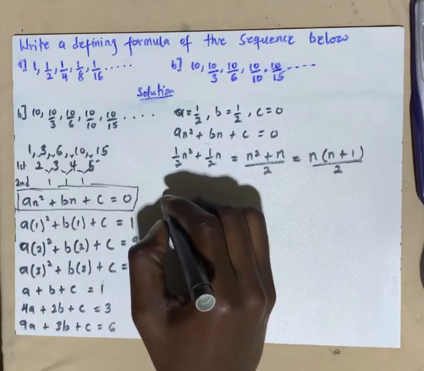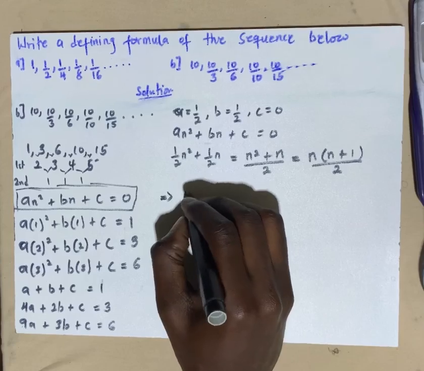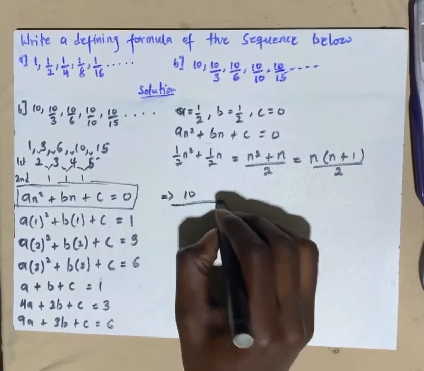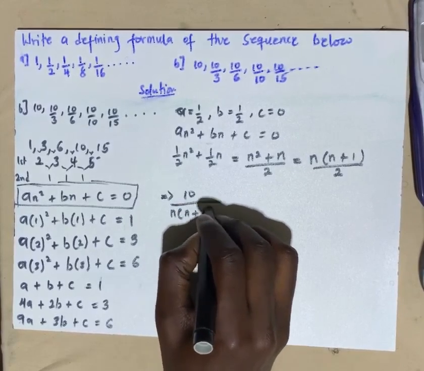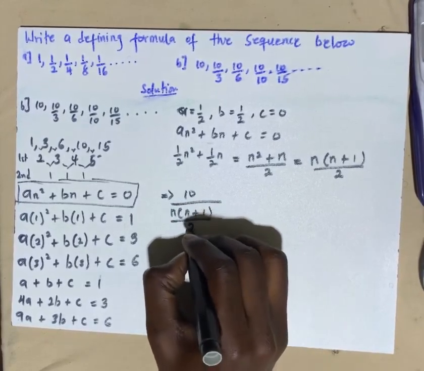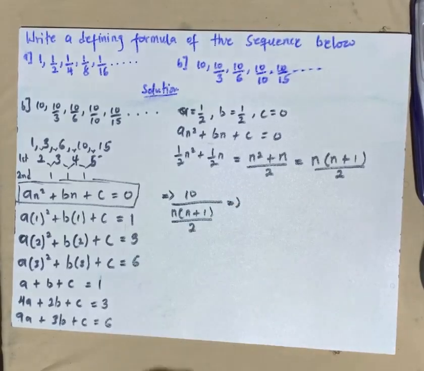So now let us rewrite it. In rewriting it, we know that our numerator is going to be 10, all over n bracket open n plus 1 all over 2. Now with the knowledge of fractions, you can easily simplify this.